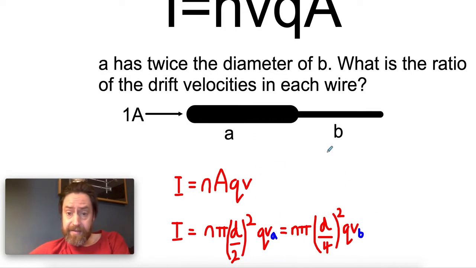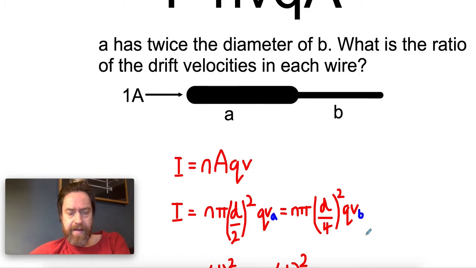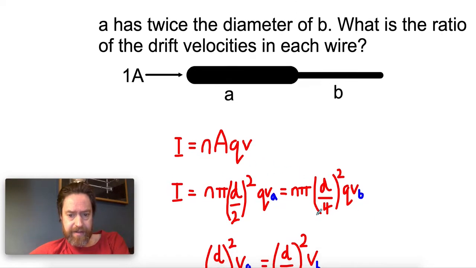Then in the second wire, the n is the same, but this time we've got half the diameter. So I've missed a slight step out here, but I'm sure you can see this. I've halved this diameter, so d over 2 becomes d over 4, all squared, times q, times the drift velocity in B. Now, when you look at that, most of these things are common or constant between these two equations.